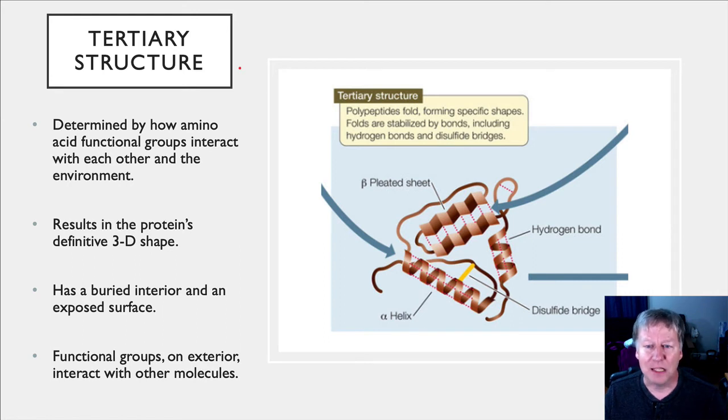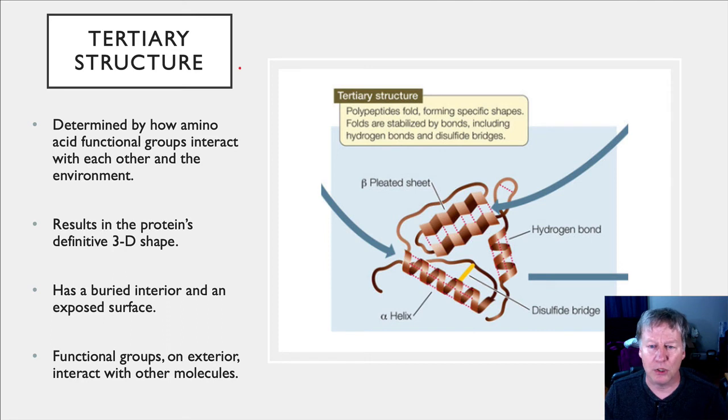Now add the fact that this protein is floating around in your cell where there is water, and these groups interact with water, so that will continue to modify the shape. Positive, negative, and polar R groups like interacting with water, so they will be on the outside of your protein near where the water is. Nonpolar R groups, on the other hand, are repelled by water. They are hydrophobic.